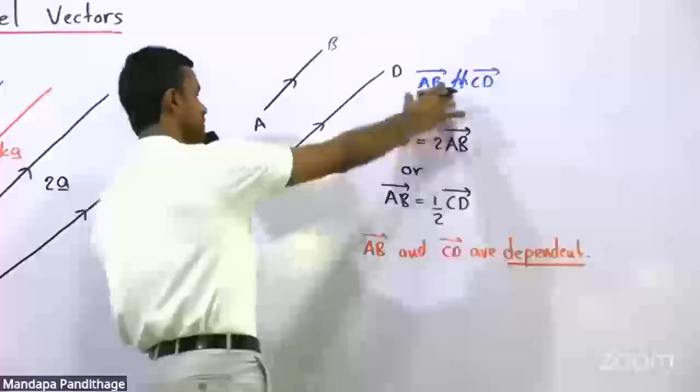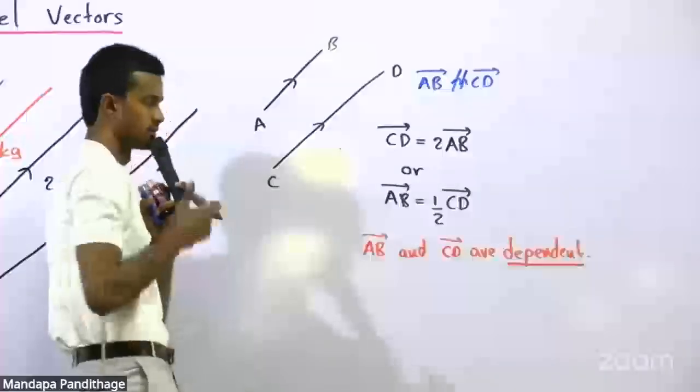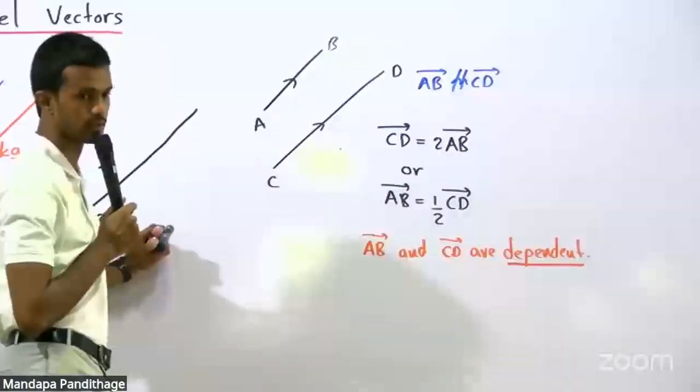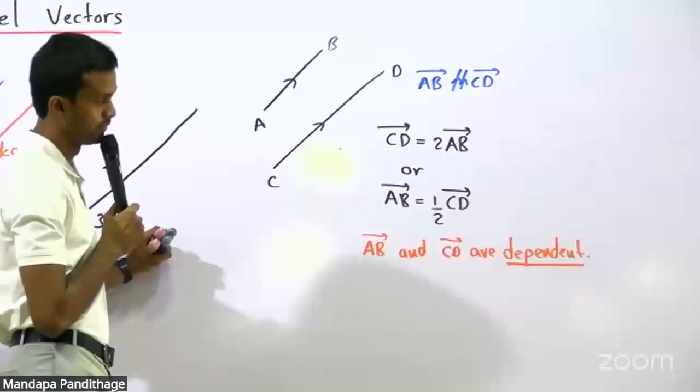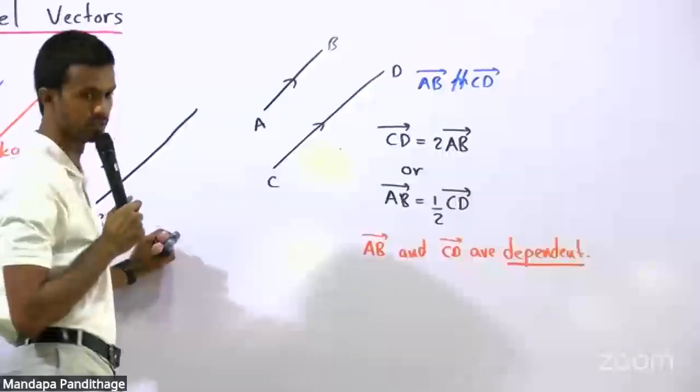Okay, so when two vectors are parallel, we can say that the two vectors are dependent.